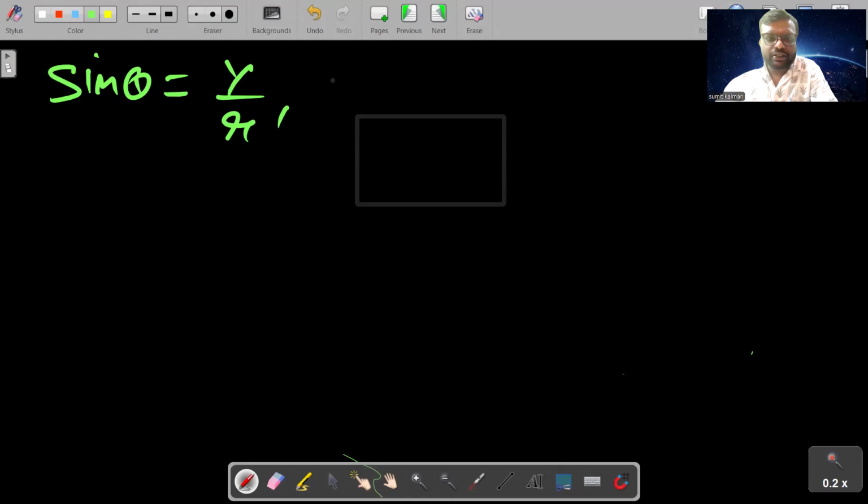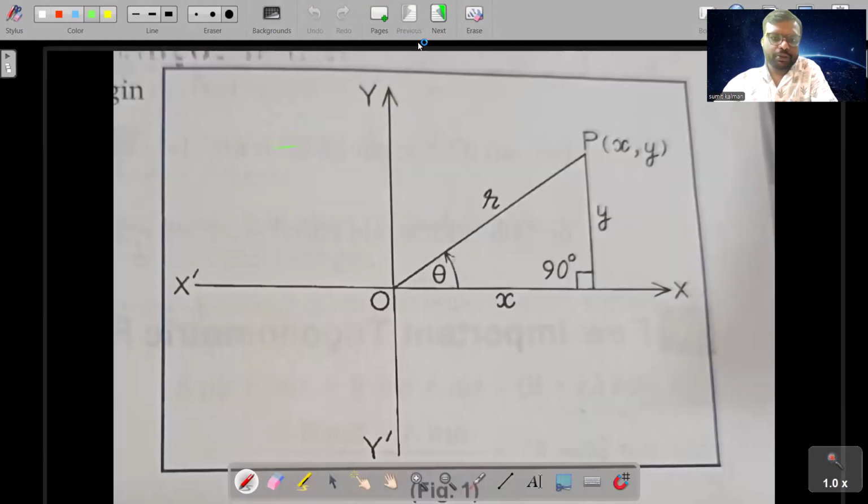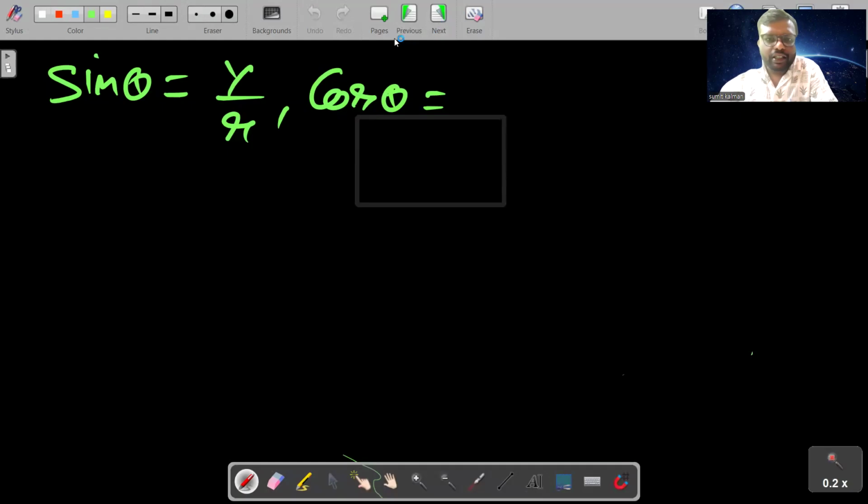Now, friends, next we have to write cos theta. Cos theta is base upon hypotenuse. So here it will be base is this x and hypotenuse is this r. So here it will be equal to x upon r.